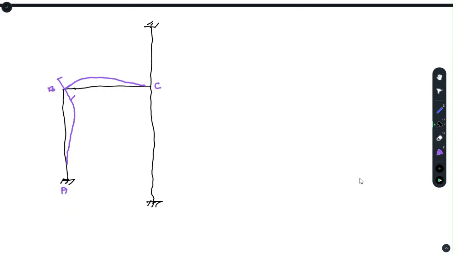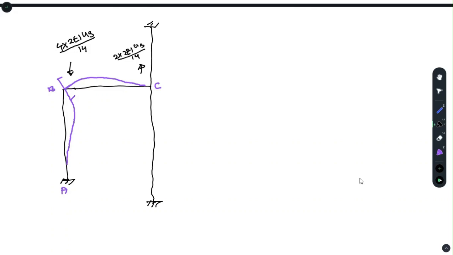So what will be the moments? Here, as we have applied the anticlockwise rotation, we will get an anticlockwise moment. For point B, anticlockwise, the moment will be 4 multiplied by twice EI U3 over L. Here the L was 14, and the moment here will be 2 multiplied by twice EI U3 divided by 14.